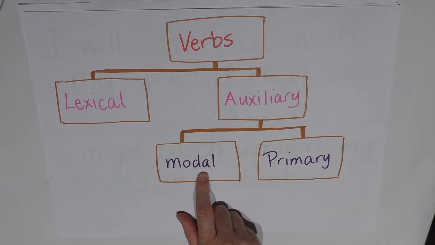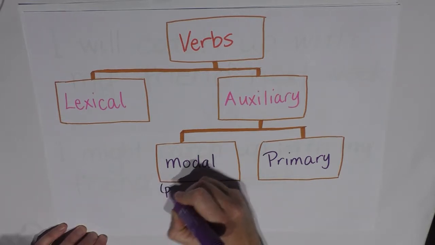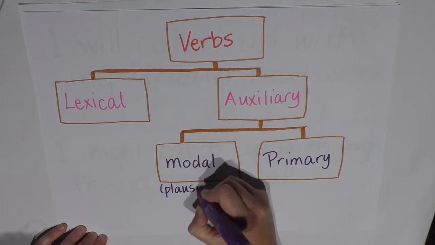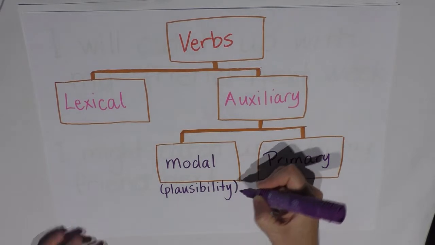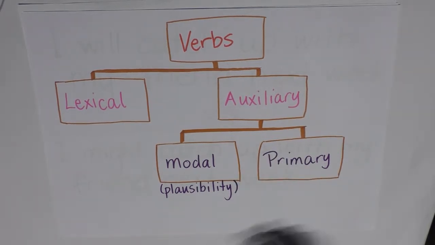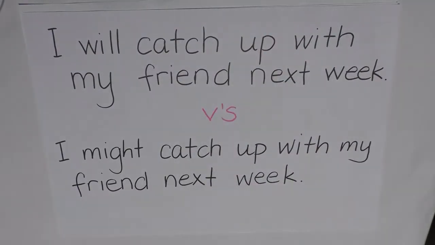Now I mentioned in the last video the modal verb tells us how plausible or likely a sentence is. So we'll write here plausibility. So we'll consider the following sentences. I will catch up with my friend next week versus I might catch up with my friend next week.